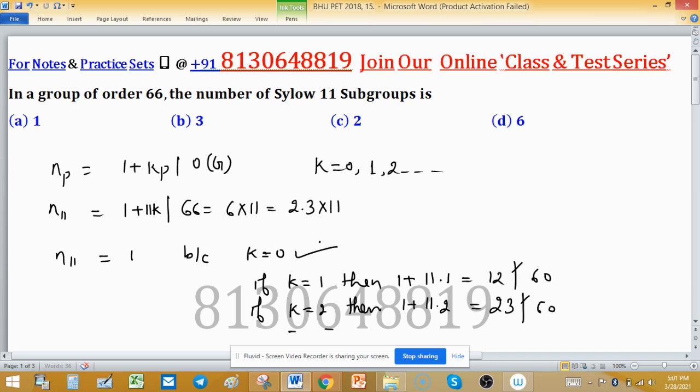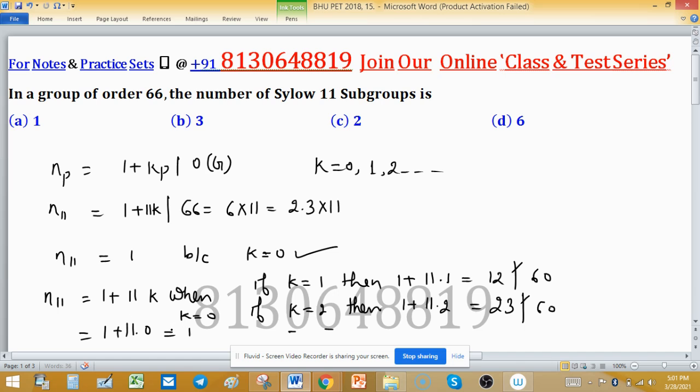This means the number of Sylow 11 subgroups will be 1 plus 11k when k equals 0, so 1 plus 11 into 0 equals 1. So only one Sylow 11 subgroup exists.